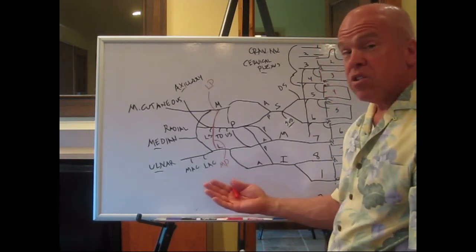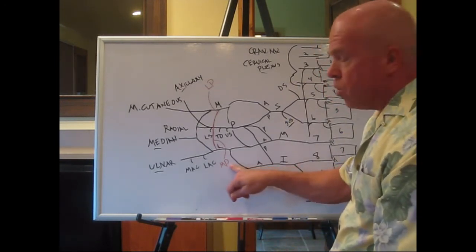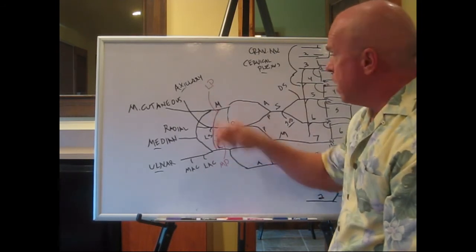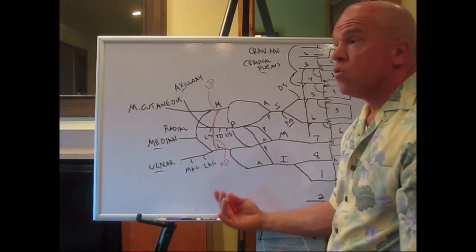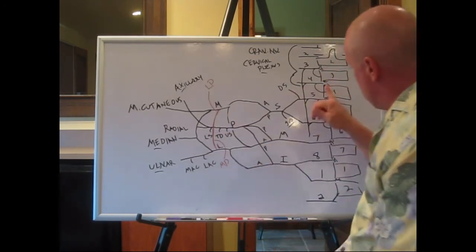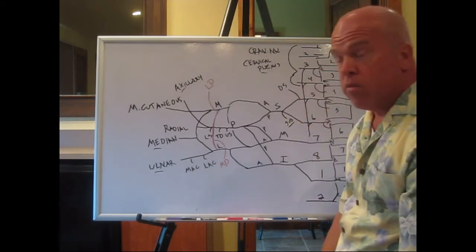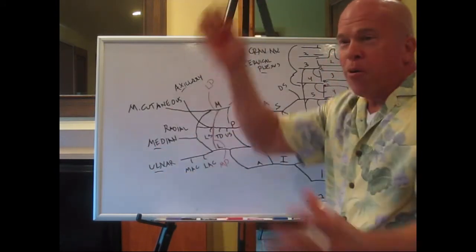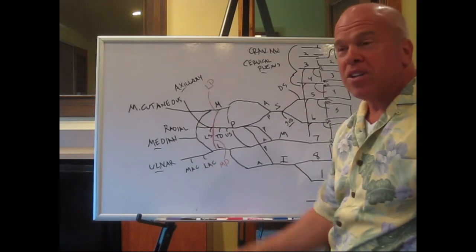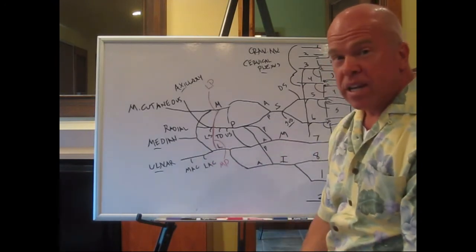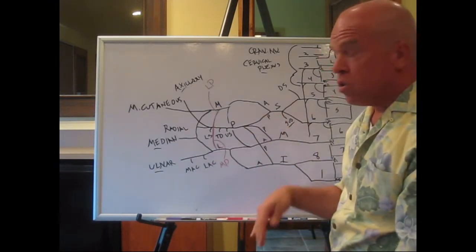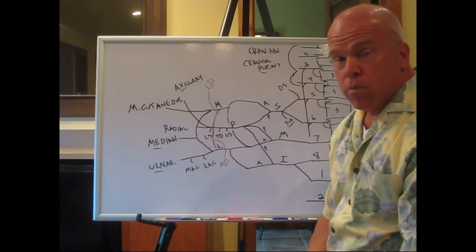So it's fascinating. Look at the nerve root contributions to both the medial and lateral pectoral nerves, and this is an example of how these nerve roots, these C5 through T1 nerve roots, go in a variety of different directions to form various combinations with the other nerve roots to give us these named peripheral nerves.